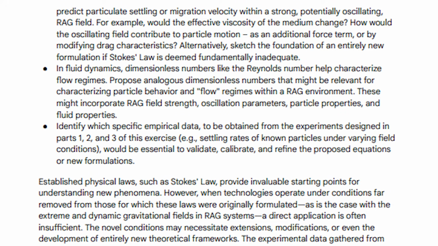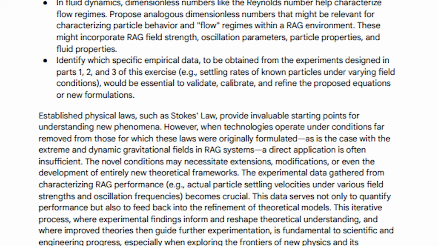Identify which specific empirical data to be obtained from the experiments designed in parts 1, 2, and 3 of this exercise, e.g., settling rates of known particles under varying field conditions, would be essential to validate, calibrate, and refine the proposed equations or new formulations.